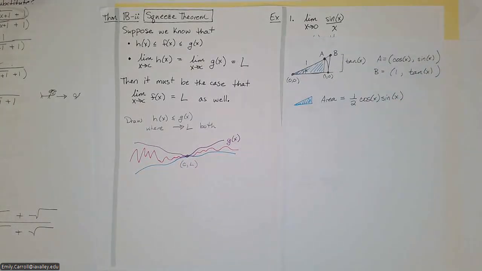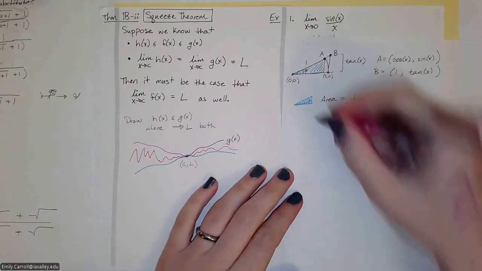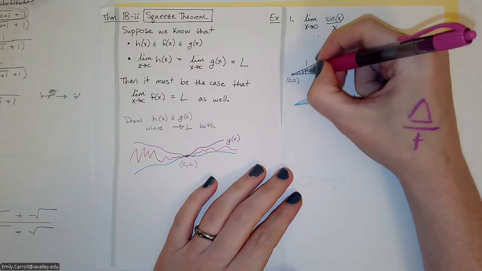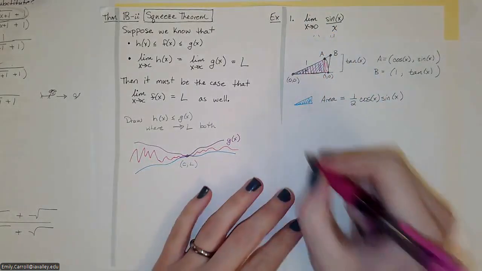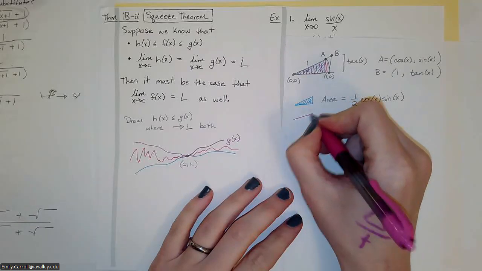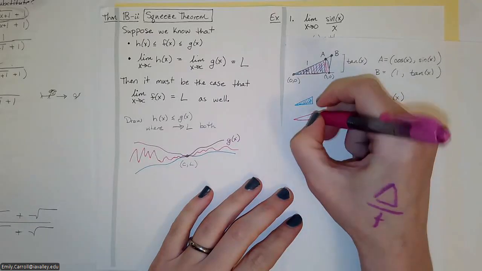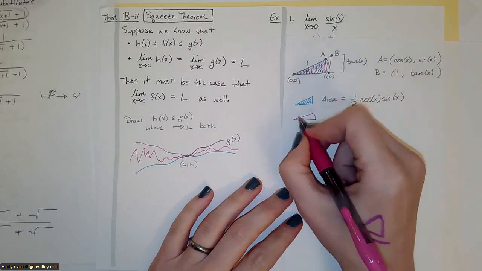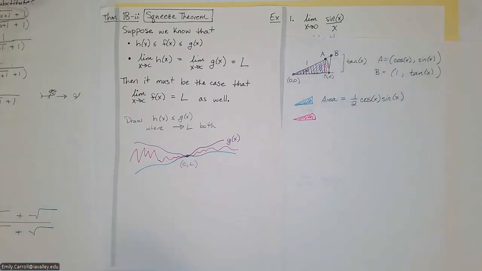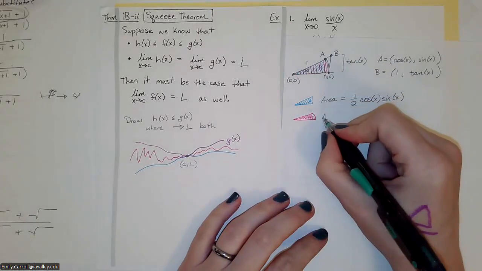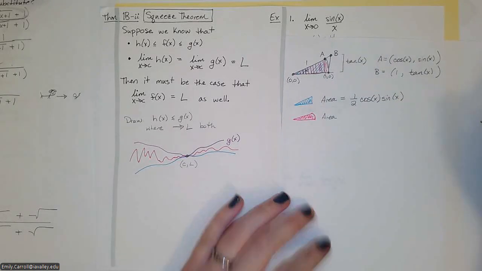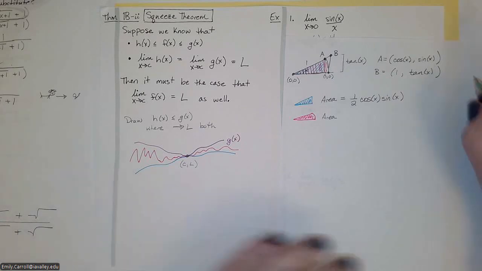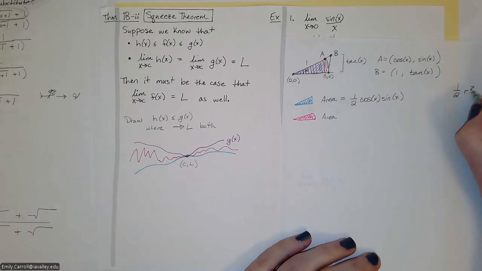Okay, next I want to consider the area of the pie slice, the sector. Now the area of a sector is 1/2 r squared theta.